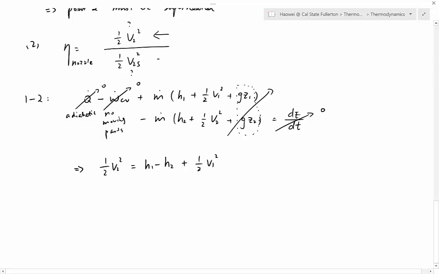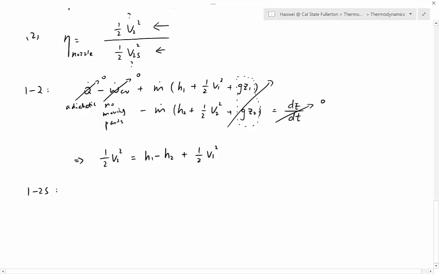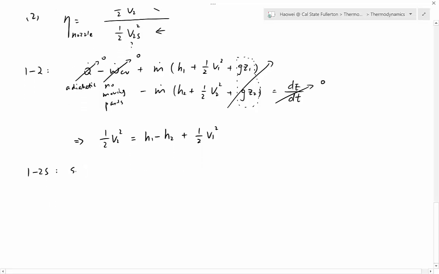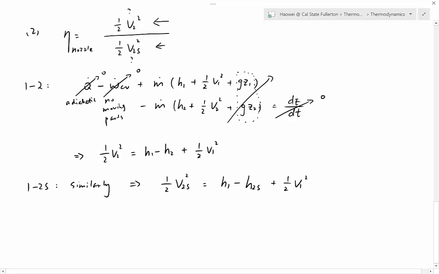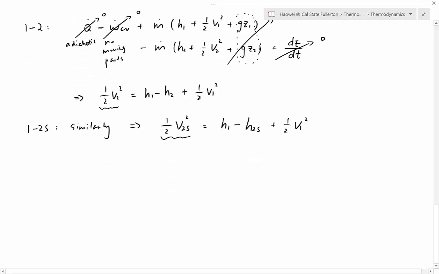And then what about the denominator? We just repeat. For process 1 to 2s, we apply first law again. Your solution will be 1 over 2 V2s squared equal to H1 minus H2s plus 1 over 2 V1 squared. You can simply change the subscript 2 to 2s. That's it. So now we can plug our new expressions back into the definition of efficiency.